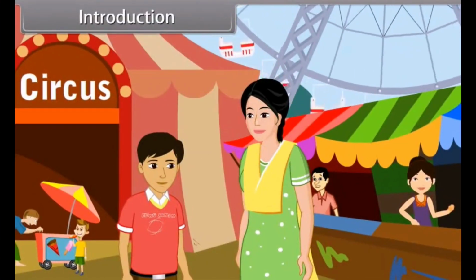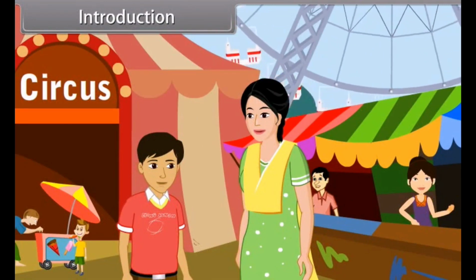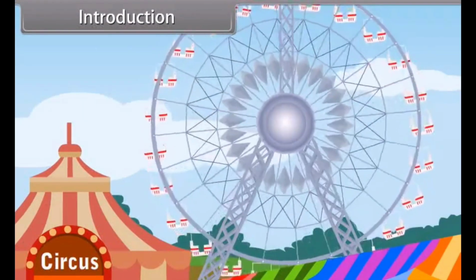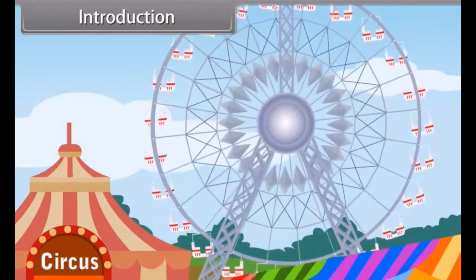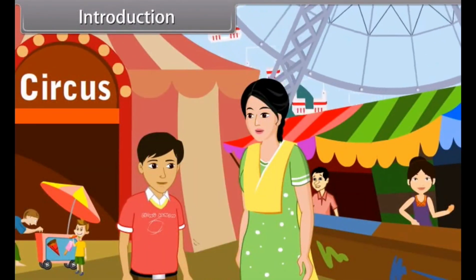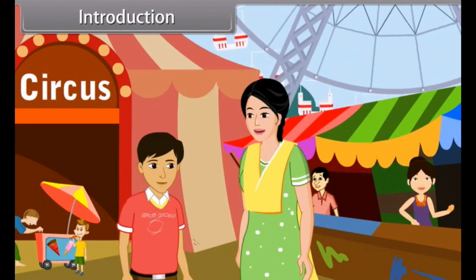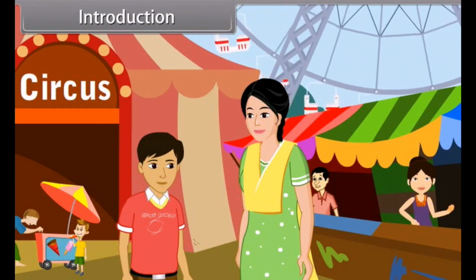Introduction. See, Mom, that giant wheel that is moving. Yes, that giant wheel is in motion. What is motion, Mom? Motion is one of the key topics in physics. Everything in the universe moves. How?